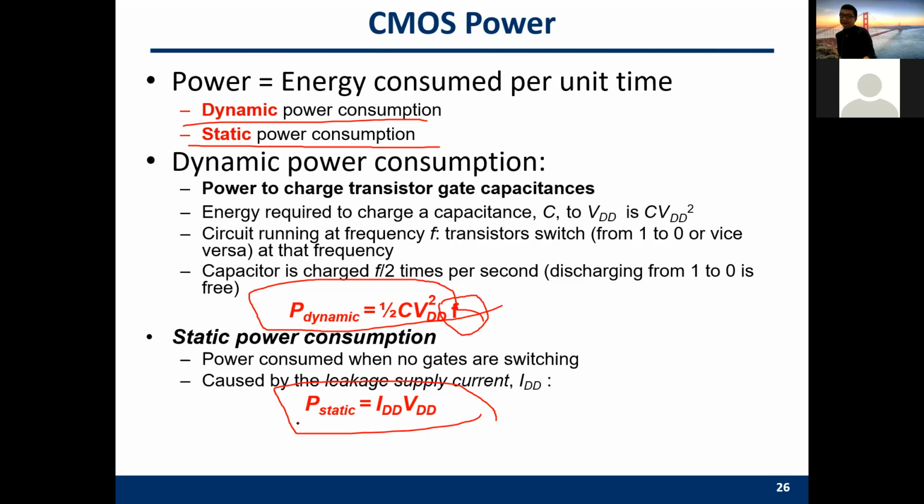But you can see that the static power has no frequency at all. It just has VDD and I, which means that only if you connect it to the power source, you need to pay the static power. But the dynamic power is directly decided by the frequency here.